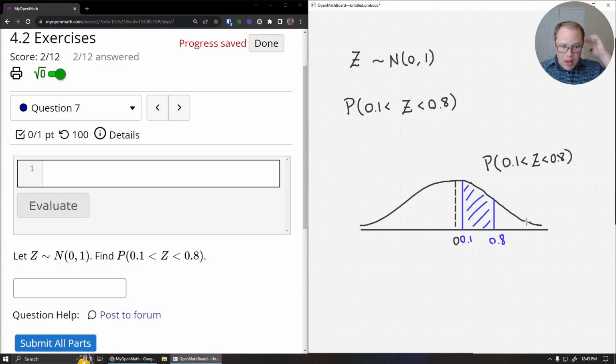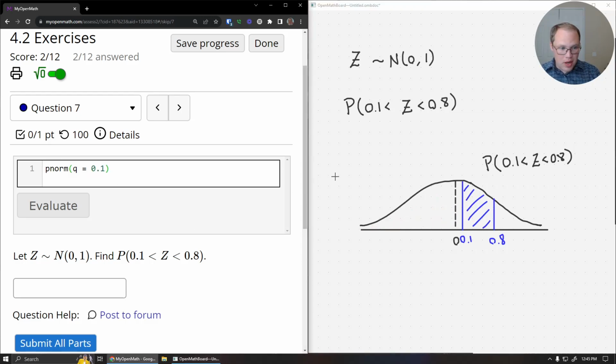Now, how do I find this probability? This is a little tricky, right? That p-norm function, so if I said p-norm of, say, q equals 0.8, that wouldn't give us this probability. That would give us the probability of being just less than 0.8. That's way too much, right?